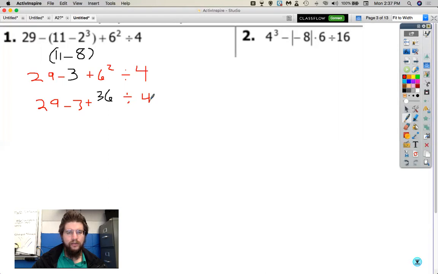Again, let's go through our order of operations. Parentheses, none. Exponents, none. Multiplication, division, oh, right here. So now, before I can subtract or add, I have to divide. 36 divided by 4, that's 9.